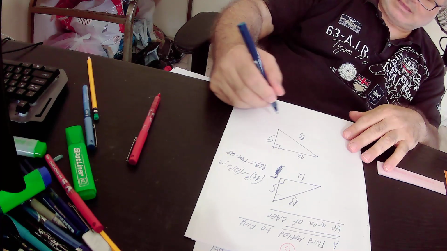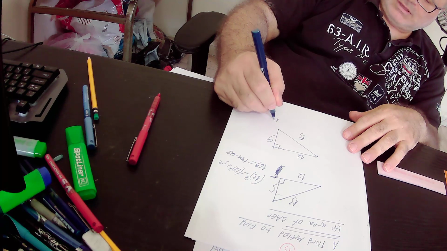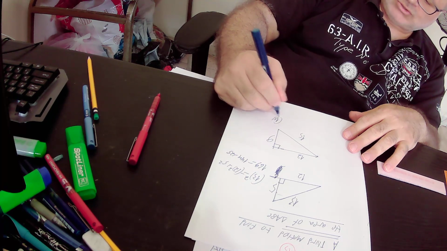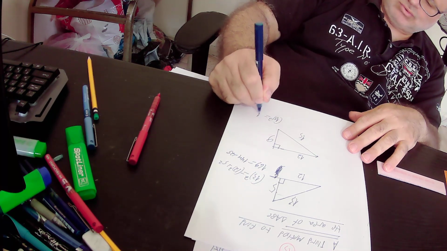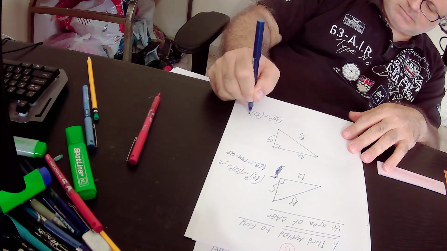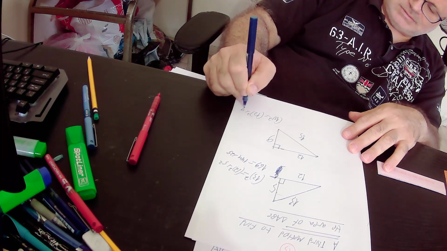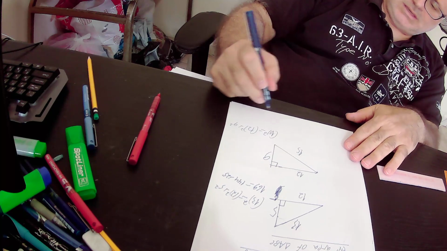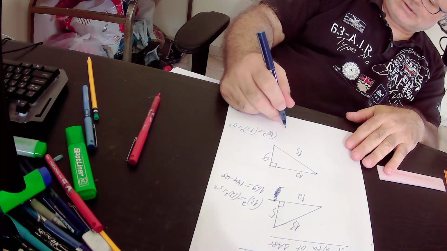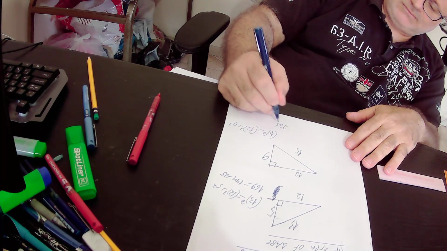We will check whether 15 squared equals 12 squared plus 9 squared. 15 squared equals 225.